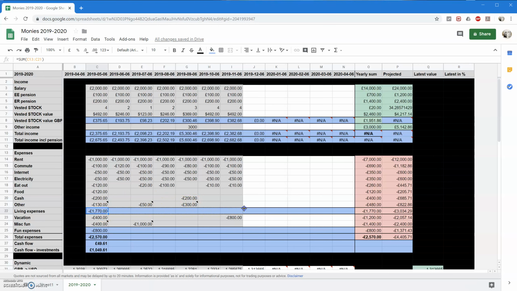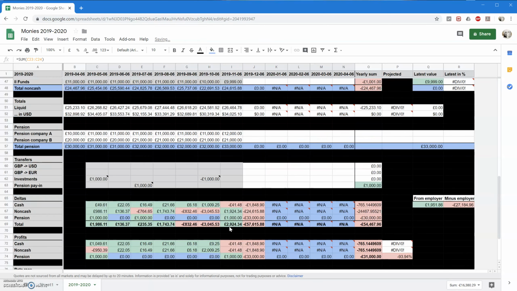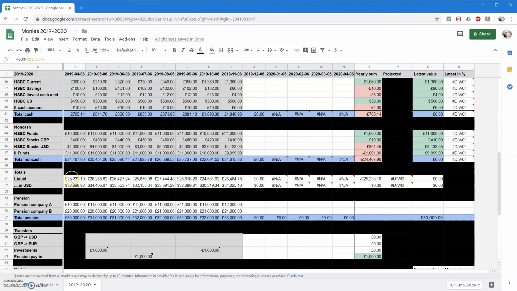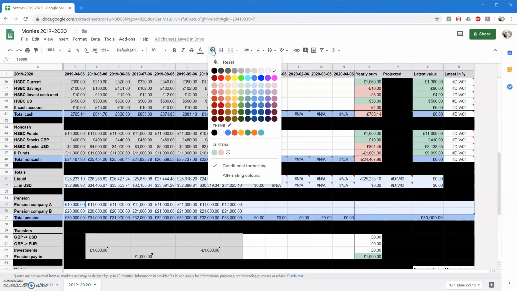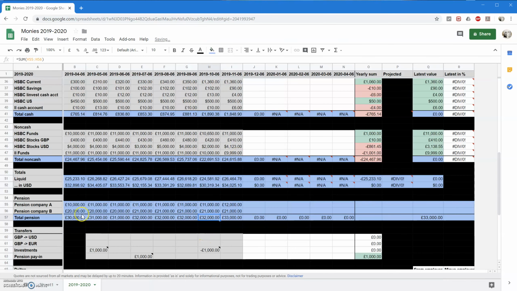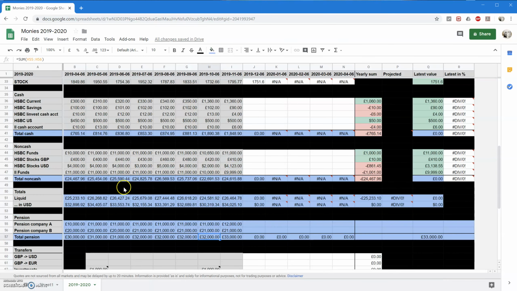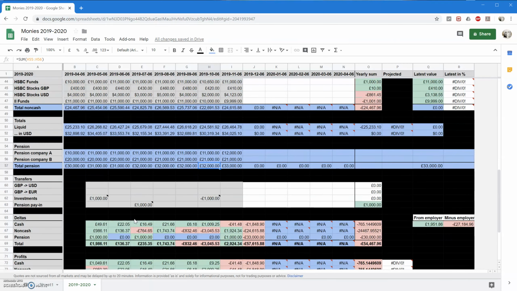I see that there are some things that I forgot, like to drag out some formulas. And further down here, I forgot to tag these as calculated. So let's do that now. There. Even better is, let's see.